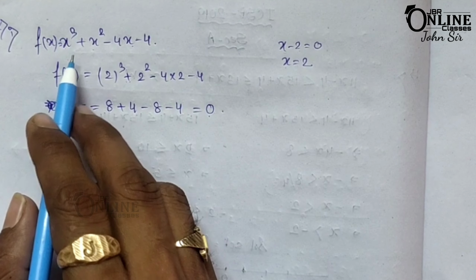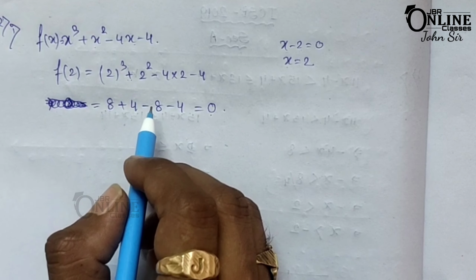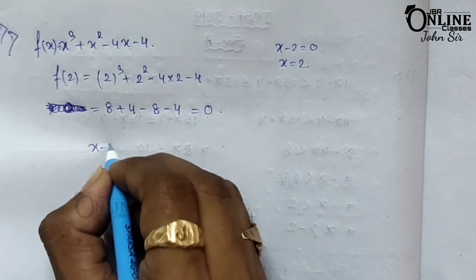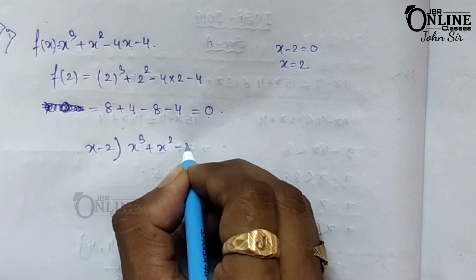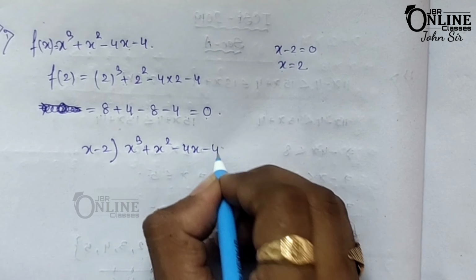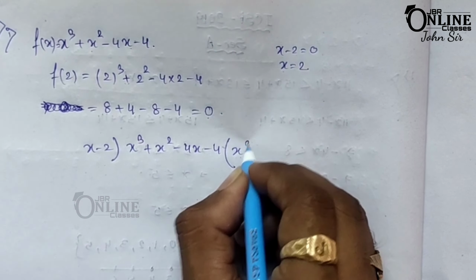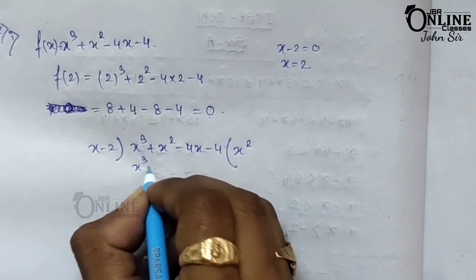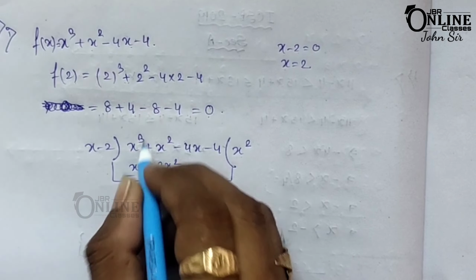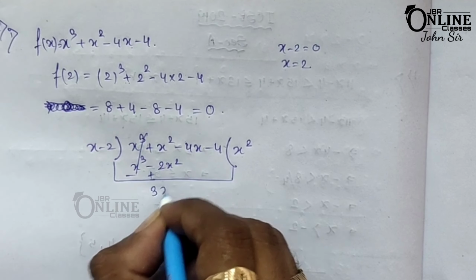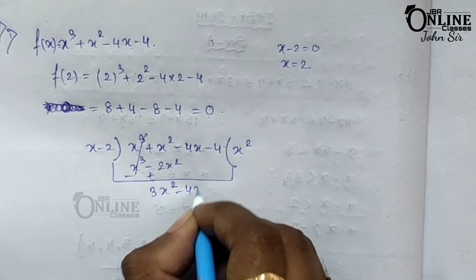Now hence factorize this polynomial by x minus 2 completely. So here x minus 2 divides this polynomial. First x square into x, that becomes x cube minus 2x square, minus plus, so it will be 3x square minus 4x.